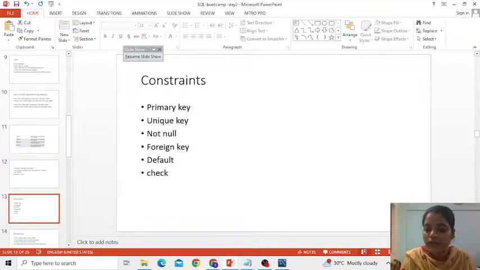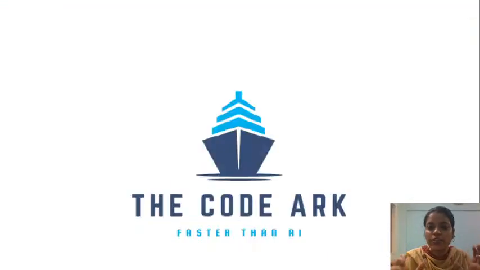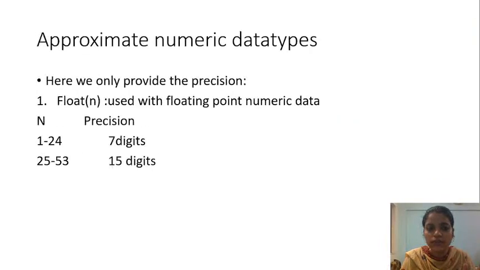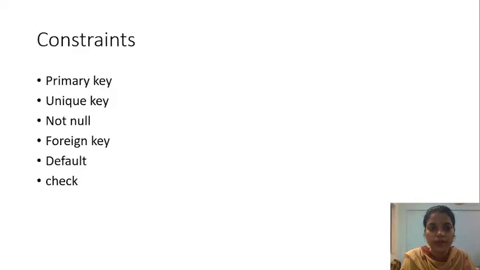Constraints are a type of restriction that is put across. Constraints, people, it's a kind of restriction that is applied upon the column. You force columns to follow a particular rule.